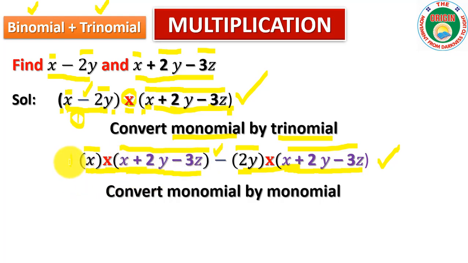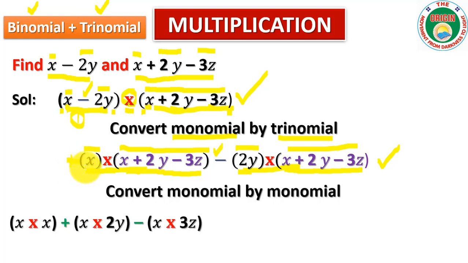What is the sign of x here? Plus. Plus into plus, plus. First, x into x. X into 2y, plus into plus, plus: x into 2y. Next, plus into minus, minus: x into 3z.